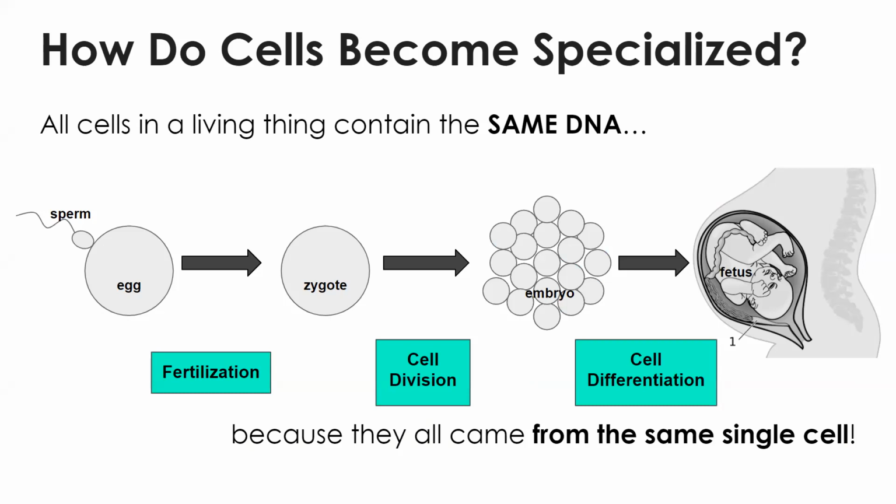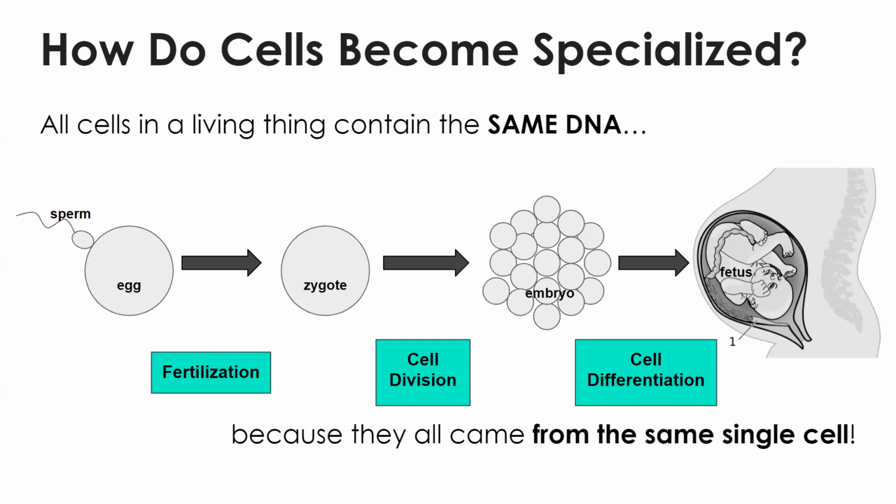Since all of our cells came from one fertilized cell with one full copy of complete DNA, all of our cells have to have that same DNA. So the process of fertilization happens first. And then cell division happens.